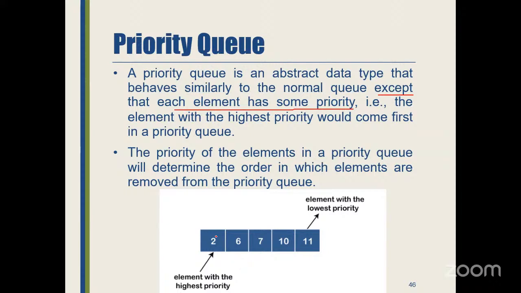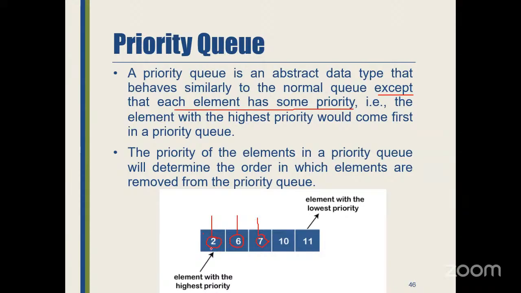See this image. For example, we have some elements within the cells, whatever they might be, elements 1, 2, 3, 4, 5. But now observe, these are not the elements. These are the priorities. The first cell element priority is 2. The second cell element priority is 6. The third cell element priority is 7 and so on.